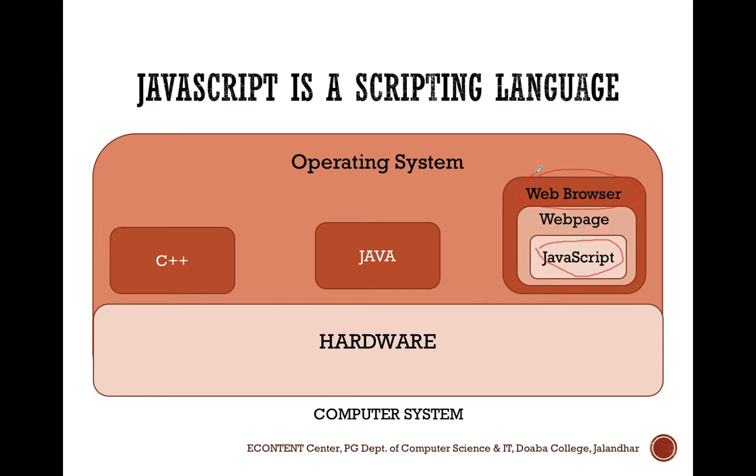It cannot access your local file system. It cannot interact with the hardware. I mean, you cannot directly interact with the USB port or other hardware of the computer system. You cannot access the file system, you cannot access the hardware, and you cannot create desktop applications with JavaScript. So that's why JavaScript is a scripting language.